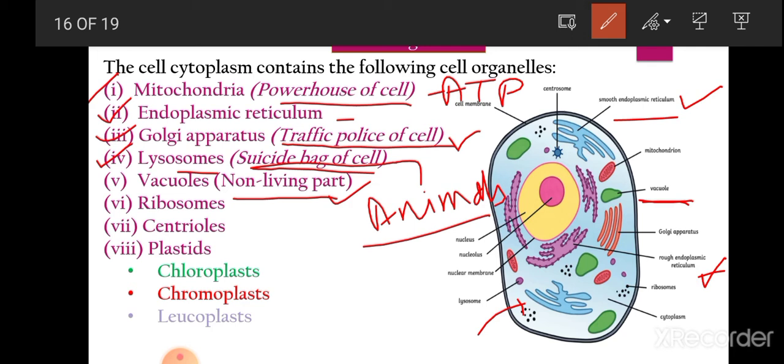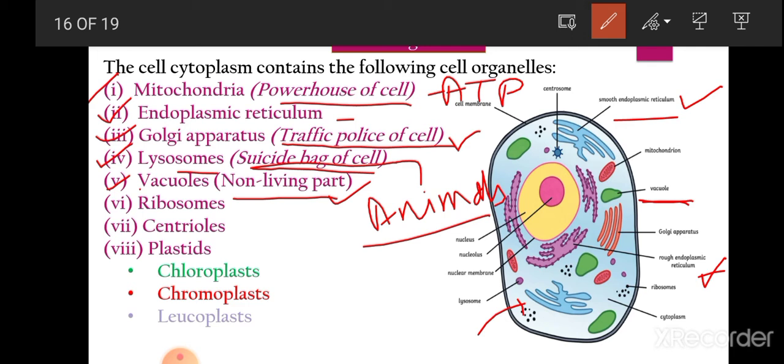So the basic difference between plant cell and animal cell with regard to the vacuole is that in plant cells one central big vacuole is present, and in animal cells they are generally absent, or if present, they are present in many numbers and very small in size.